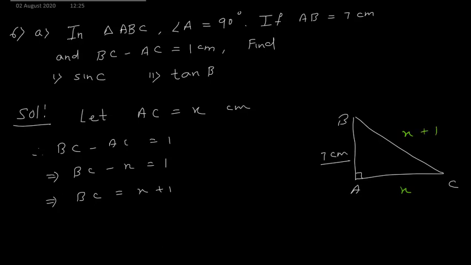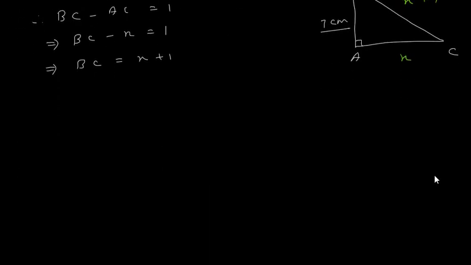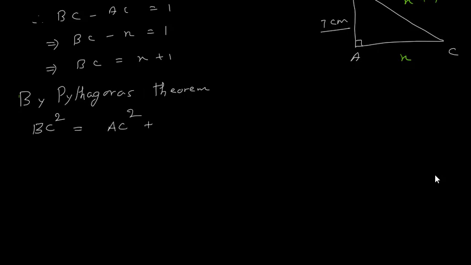Now I will apply the Pythagoras theorem. By Pythagoras theorem, we have BC square equals AC square plus AB square.